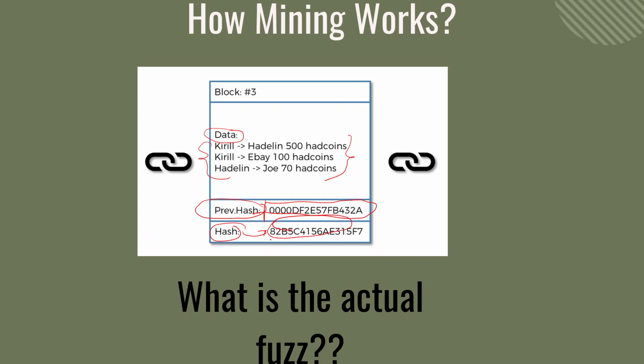So why is there the actual fuss? Why will a miner mine blocks? What a miner will do is try to find the hash of a particular block. The actual work of a miner is to try to find the hash value of a particular block, and if he can find the hash value, he can be a winner, which means he has successfully mined a block.